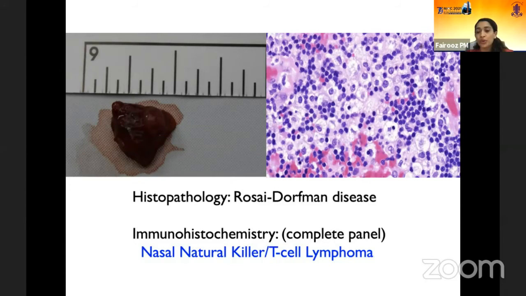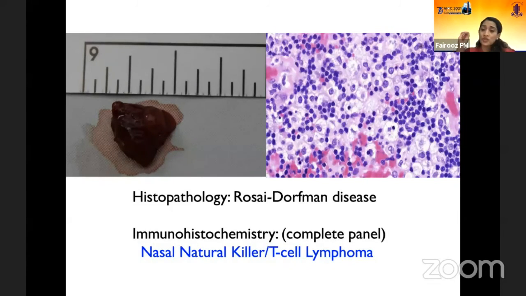She was put on steroids, but after the initial course of steroids, it recurred. She had swelling again. We went ahead with a complete panel of immunohistochemistry, as there was a doubt that something was being missed. And this came out to be a natural killer T cell lymphoma.